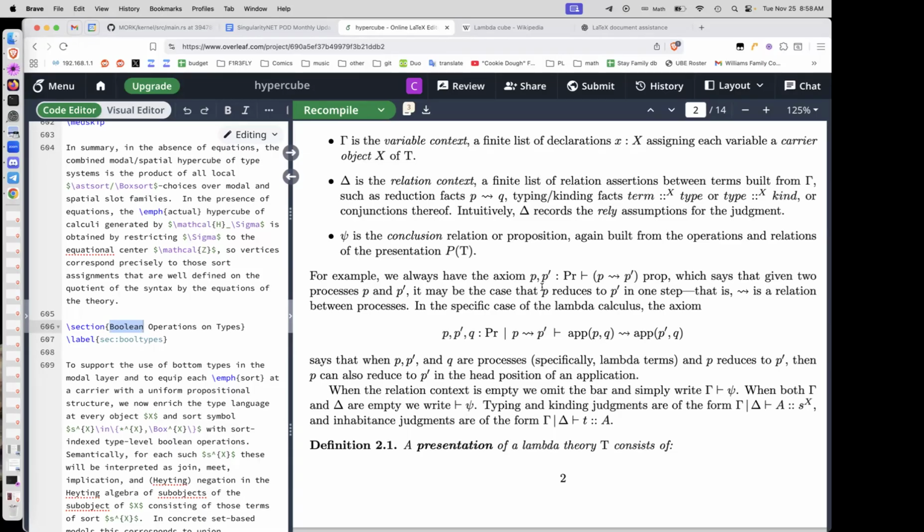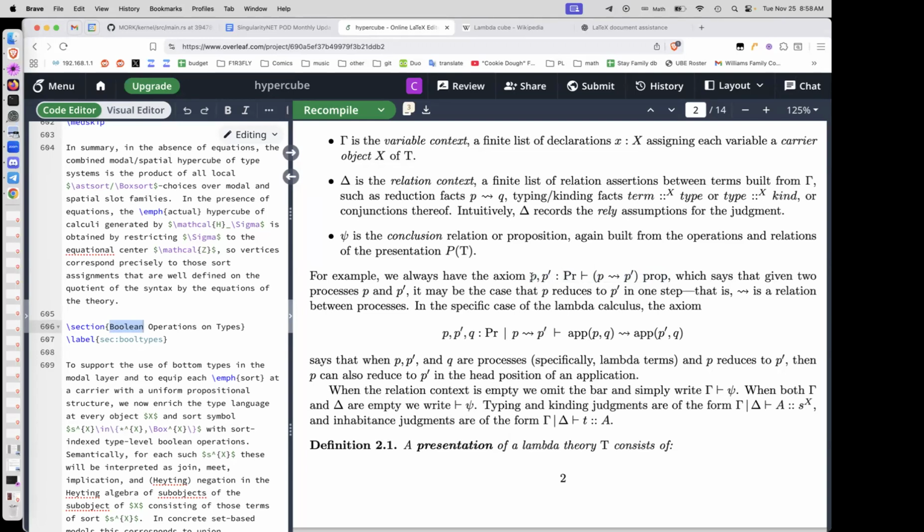Barendregt's lambda cube is one of them, and I'm attempting to generalize his approach to typing lambda calculus to typing arbitrary operational semantics. So the typing and kinding come in later, and I'll show you that. But this is just the basics of the theory that we use to describe operational semantics itself.